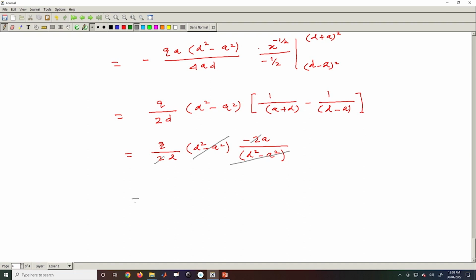So whatever I get is q a divided by d with a negative sign. Now, this is equivalent to q prime, this is the image charge that we considered.